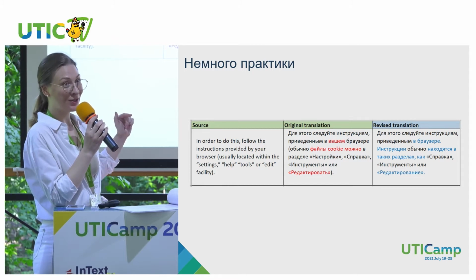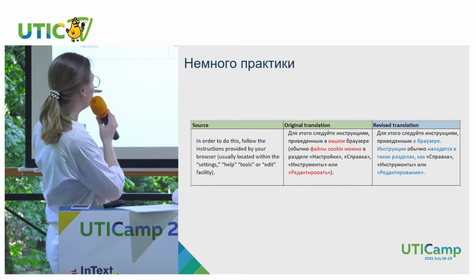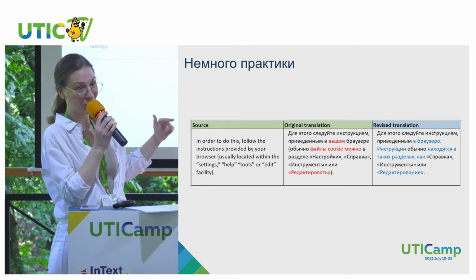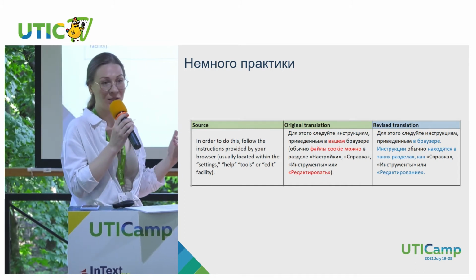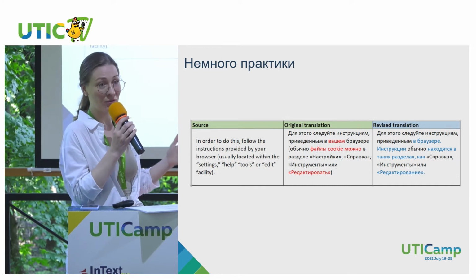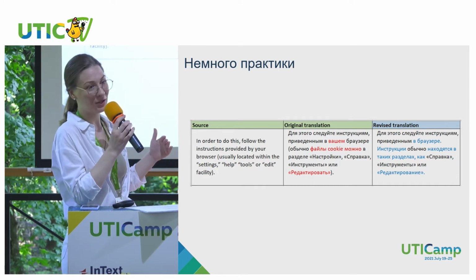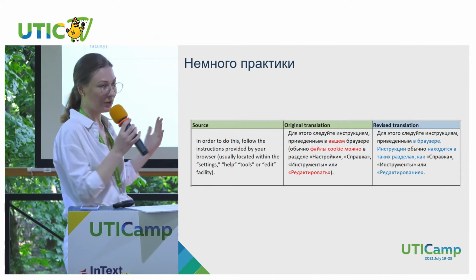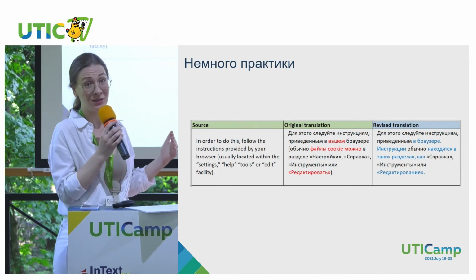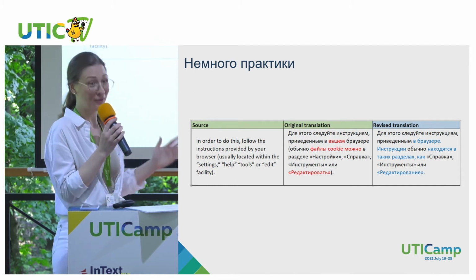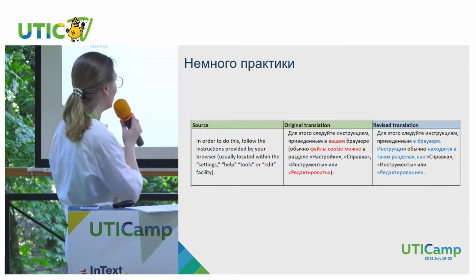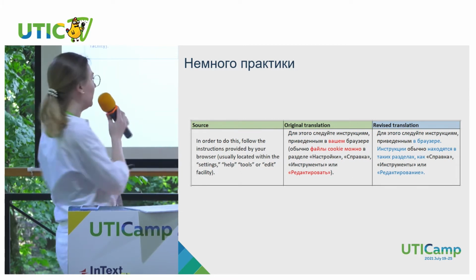But if we save this original structure, then we will have repetition: instruction or guidelines, and guidelines. So the word instruction is used twice in the translation. That is why I wanted to use transformation and divide the sentence into two. This is a minor error, not a preferential one.